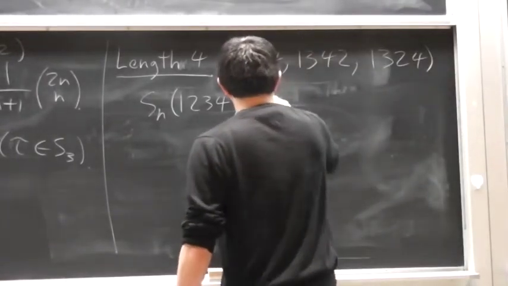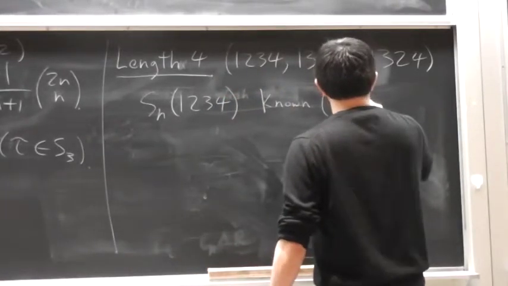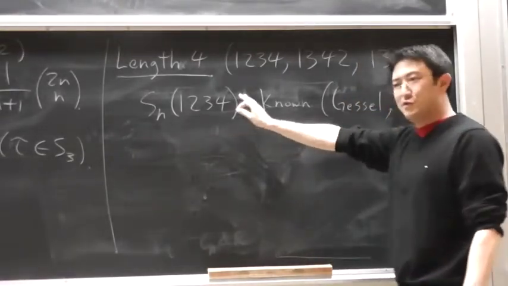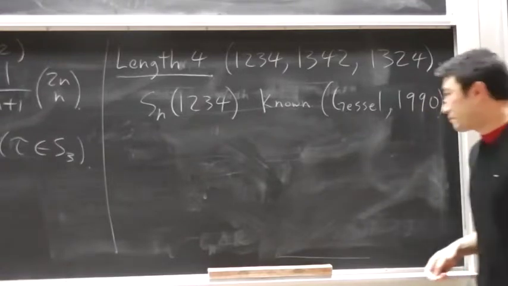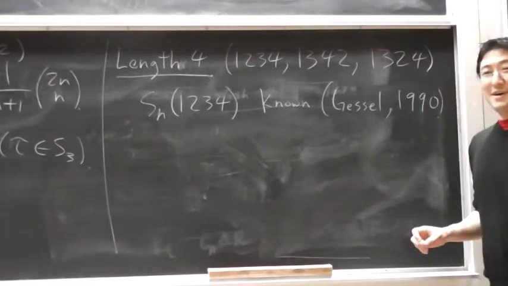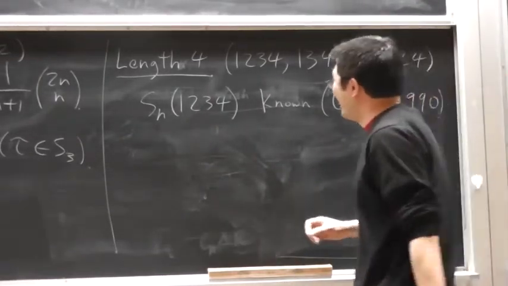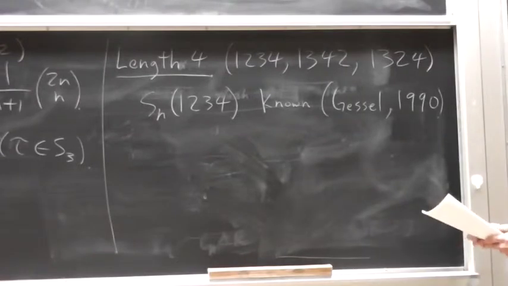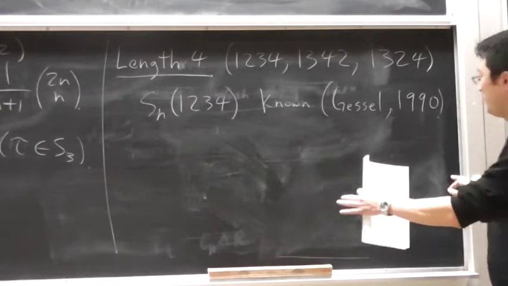So this one is known. This was done by Russell, 1990. There's a closed form expression for this generating function. And the sequence is in the OEIS. Is it a long, complicated expression? The expression would not fit very well here.